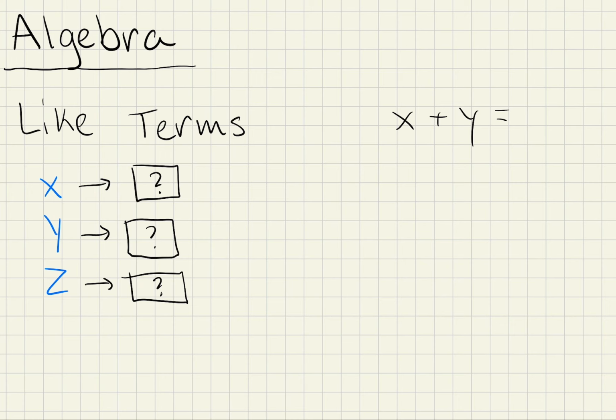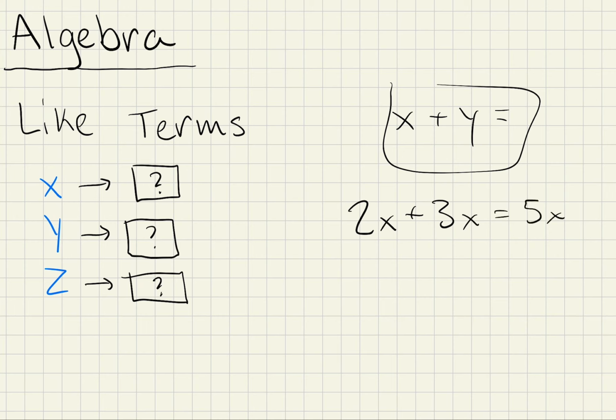They represent some unknown number, and whenever we combine them, especially like here, we don't know what it would become. But if we have 2x plus 3x, we know that both of these are the same unknown, so we can go ahead and combine these.